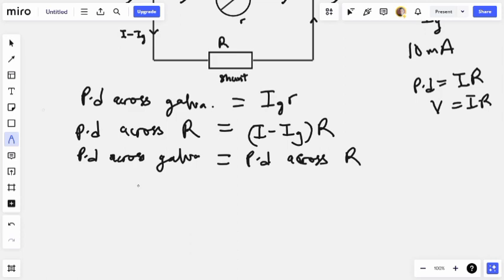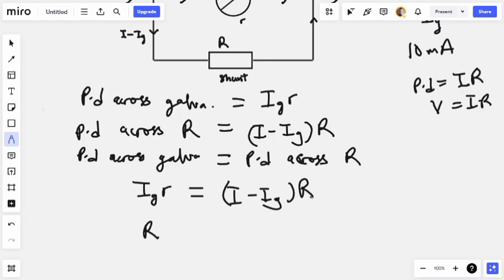So we now say that the potential difference across the galvanometer, I subscript G times internal resistance r, equals the potential difference across R, which is I minus I subscript G, where I is the total current you want to measure, times the external resistance R. Then we make R the subject of the formula, because this R is a determining factor that will determine the range of current our ammeter can measure.